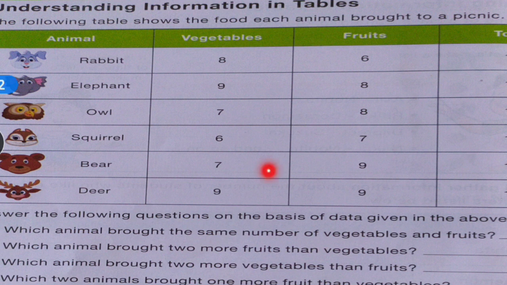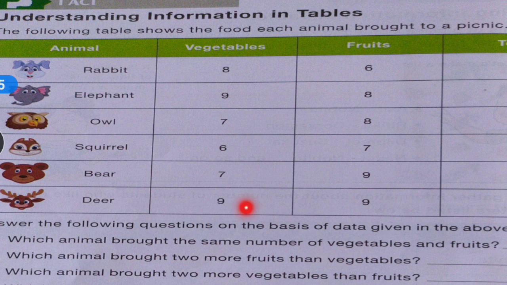First, to understand the table, children, see here: the deer has brought 9 vegetables and 9 fruits, equal items. The rabbit has brought 8 vegetables and 6 fruits. The elephant brought 9 vegetables, 8 fruits, and a total of 17 items. The owl has brought 7 vegetables, 8 fruits, total 15 items.